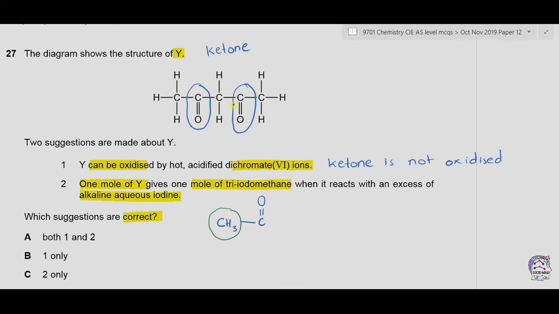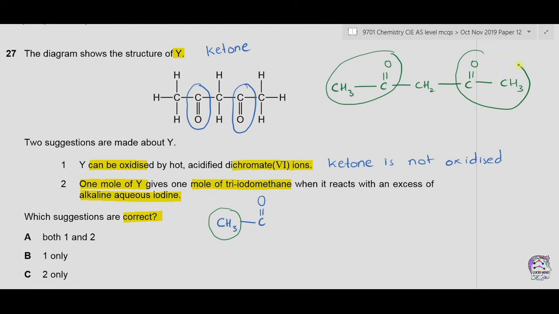Let's look into the structure of Y. We have CH3, then carbonyl carbon, then CH2, again carbonyl carbon, then CH3. So we can see that CH3 is directly attached with the carbonyl carbon on one side and same is attached with carbonyl carbon on the other side.